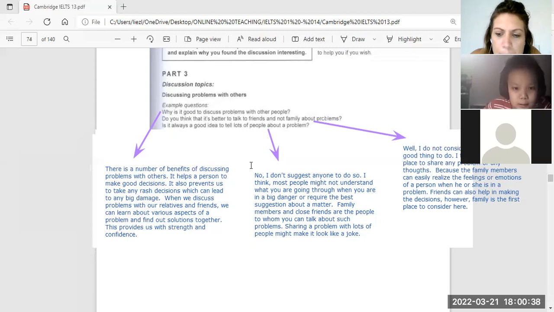Family members and close friends are the people to whom you can talk about such problems. Sharing a problem with lots of people might make it look like a joke.